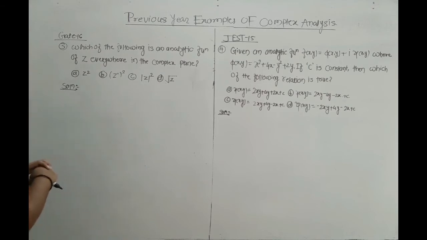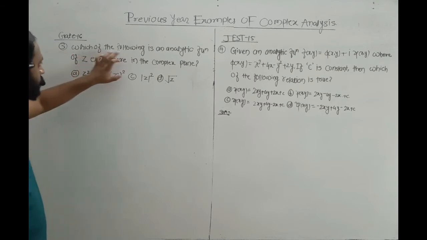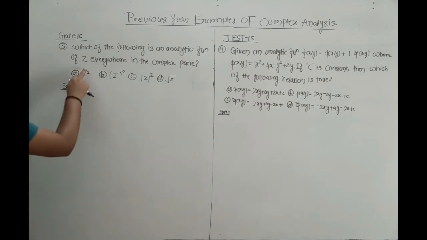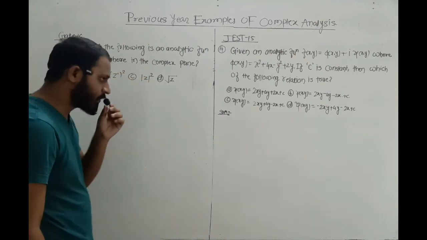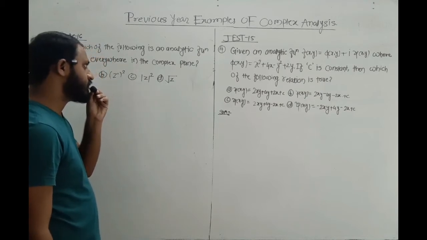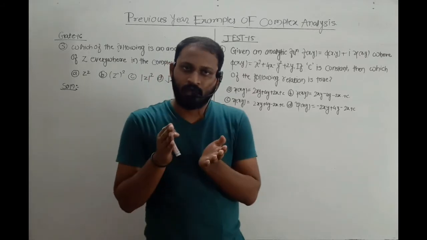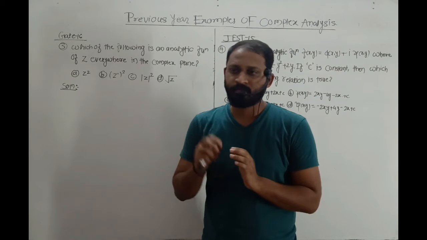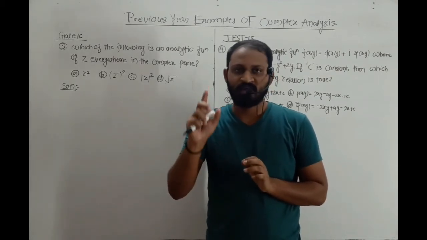See the problem number 3 which you are asking, get 60. तो देखिए प्रॉब्लम क्या है. Which of the following is an analytic function of z everywhere in the complex plane. देखिए हमने एनालिटिक फंक्शन की डेफिनेशन सीखी थी. उसमें ये सीखा था हमने the function which satisfies the CR equation condition, that function must be, should be what?